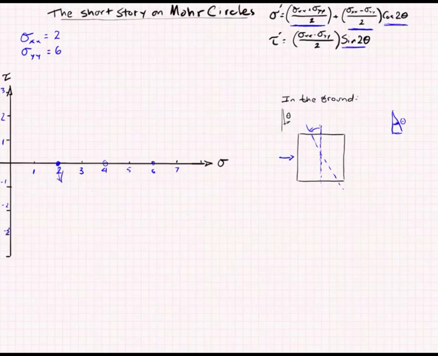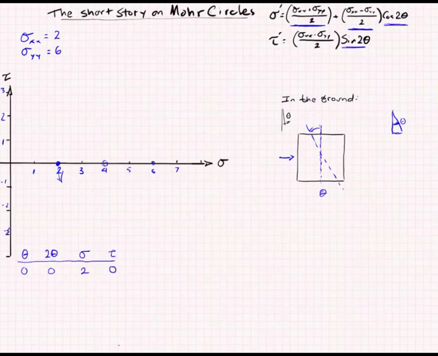And we are rotating about a point, which is the middle of the circle, at sigma equals 4 and tau equals 0. And as we move through theta in the ground, 2 theta on the Mohr circle, we will calculate values of sigma prime and tau prime for that orientation, and each of those dots will plot in this sigma tau space. So let's tabulate a few of these and see where they plot on the graph.